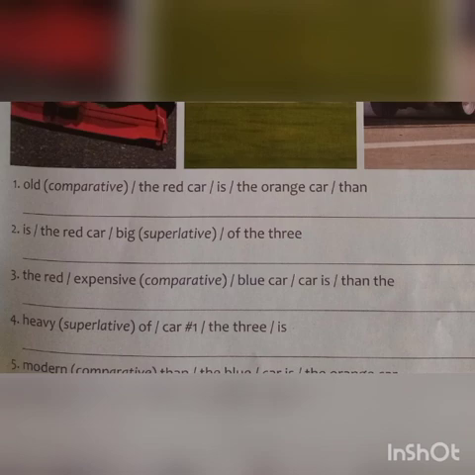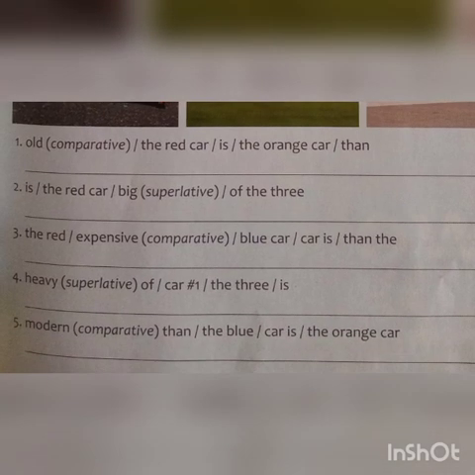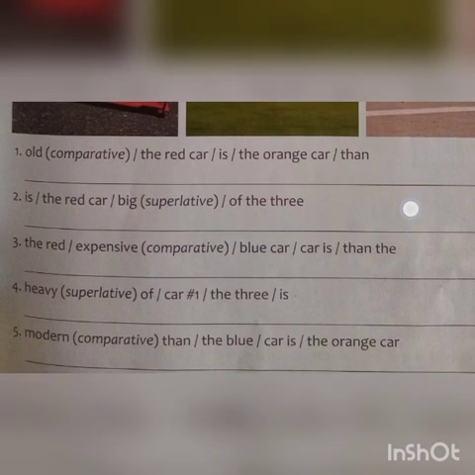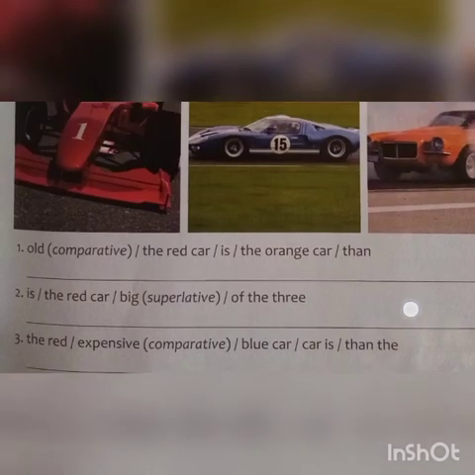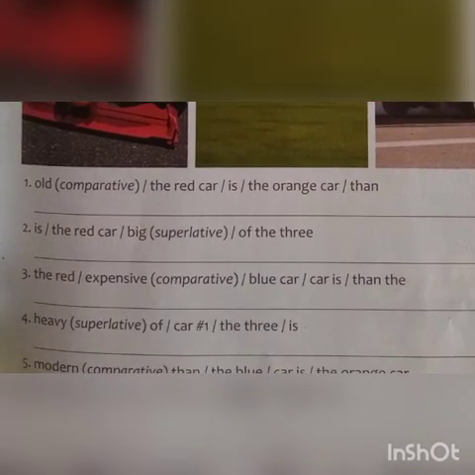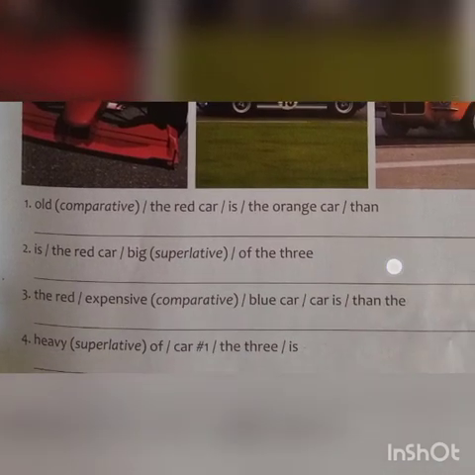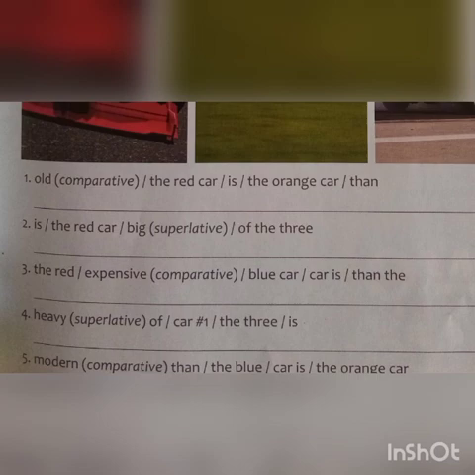Okay, let's do that. Car number one is the heaviest of the three. If we see, yes, maybe. Car number one is the heaviest of the three.